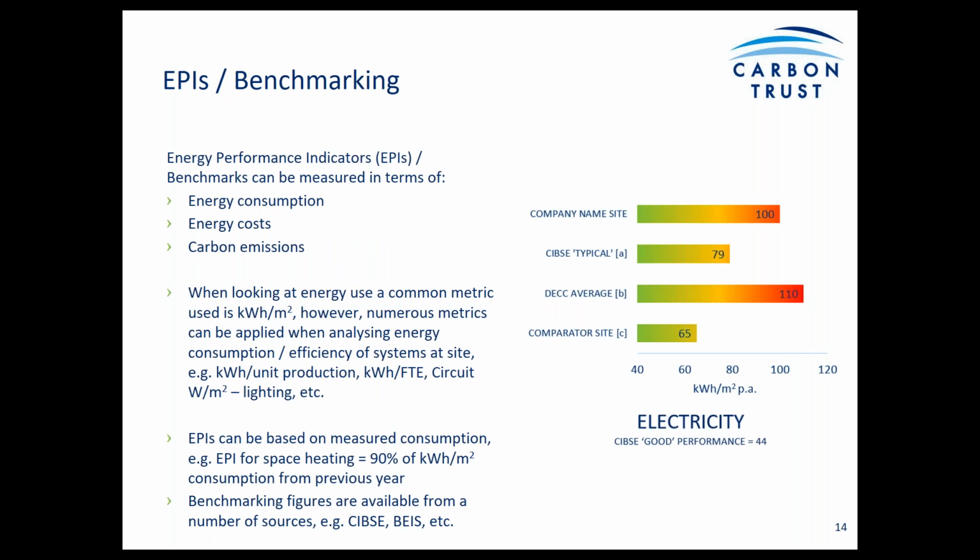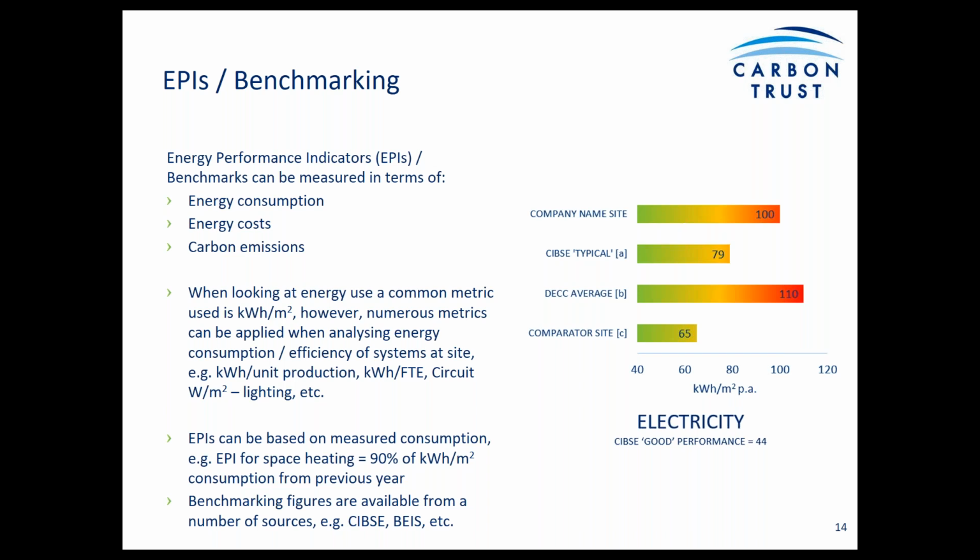As shown in the bar chart here, which I've taken from an energy audit report, energy performance can normally be benchmarked against sector averages, or even the performance of competitor companies if that data is available. So by using consumption data and applying appropriate factors, it's possible to benchmark energy consumption, energy costs, and carbon emissions against the data available.